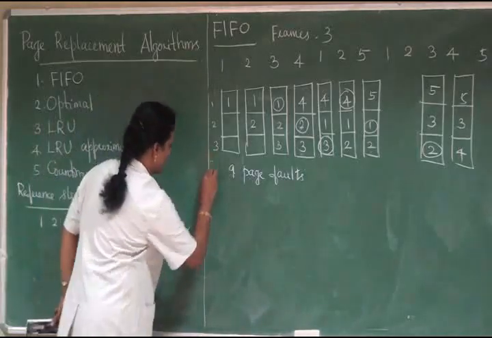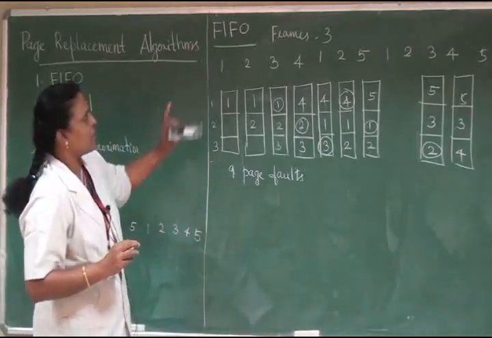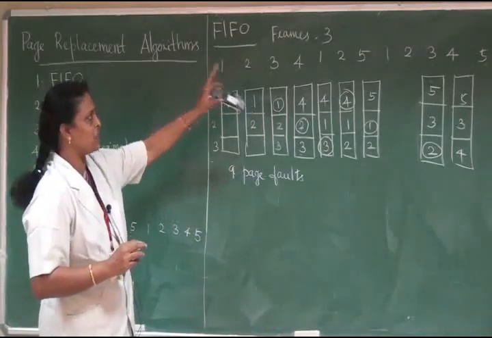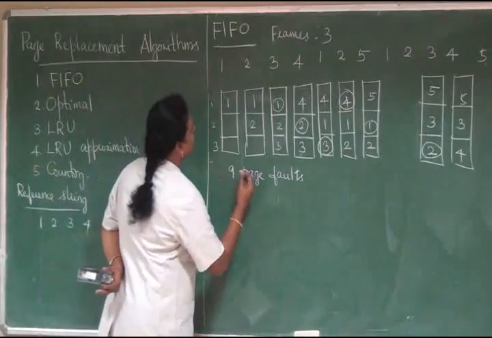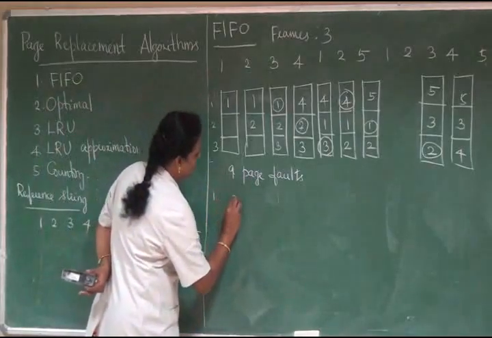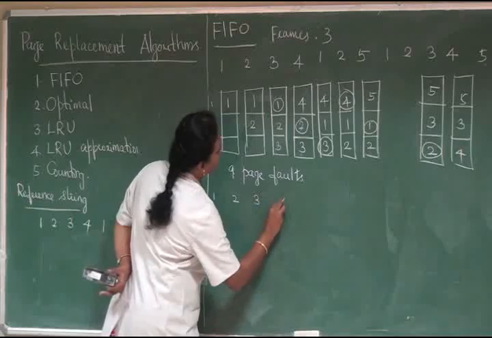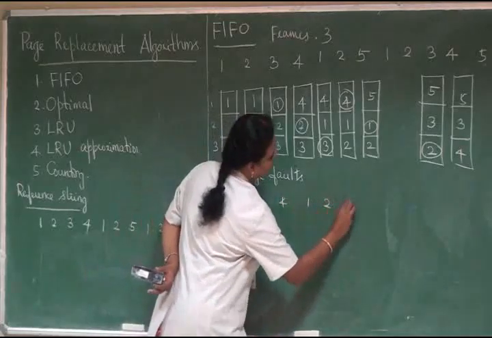Okay, so for the same algorithm, let us consider the number of frames is equal to 4, and check whether the number of page faults is reduced or not.